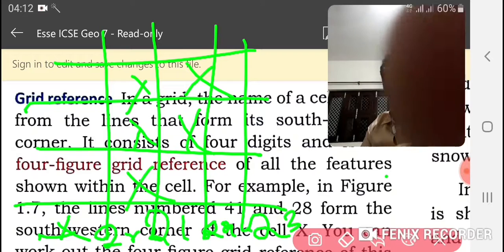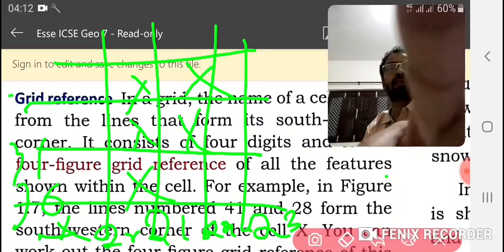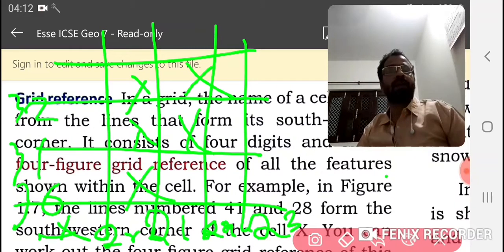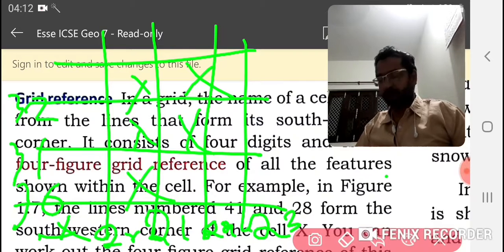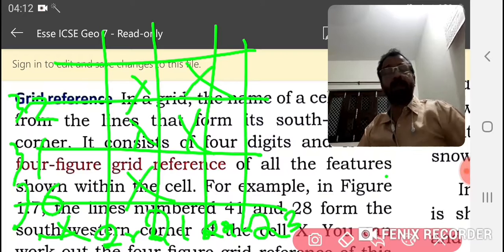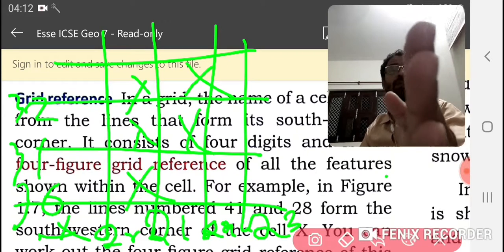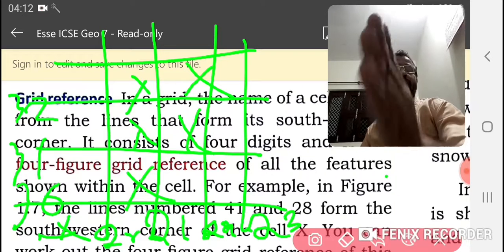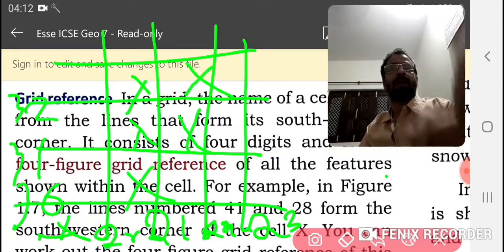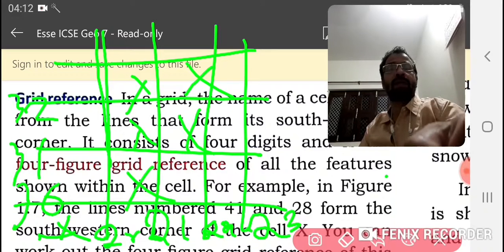And here you see 30, 31, 32. Okay, you got those numbers. And first which number? First we have to take easting first. Which one is easting? The line that passes from west to east. I mean this line is known as easting.